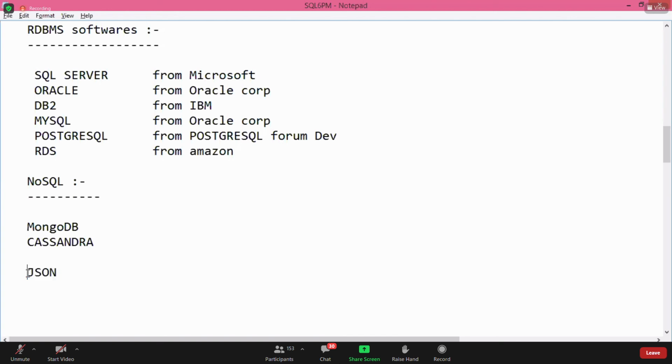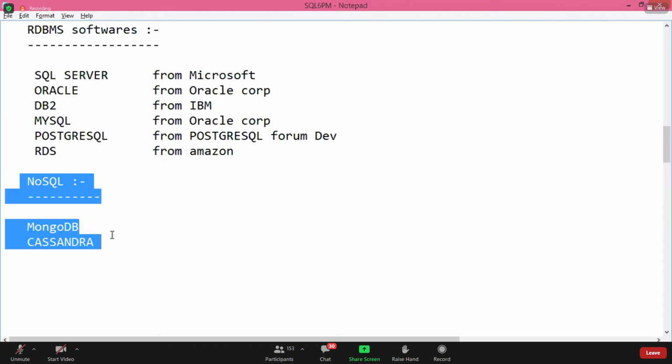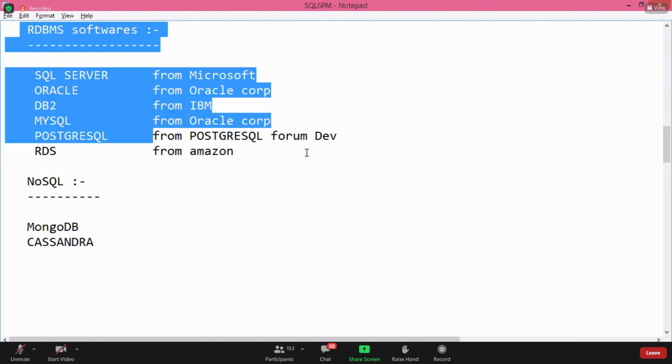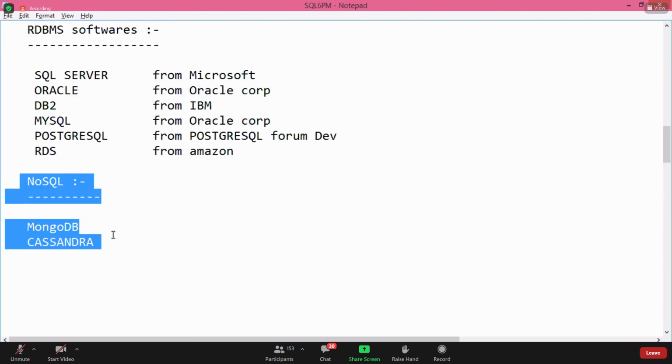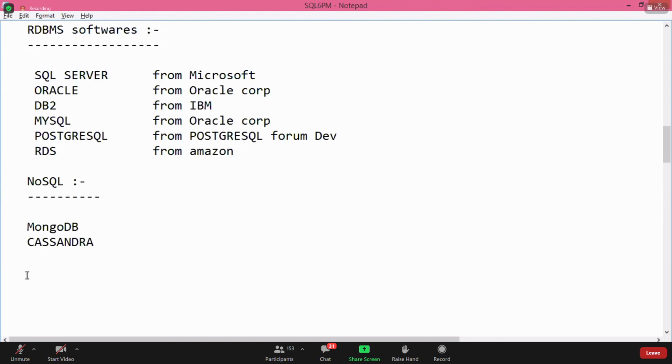JSON stands for JavaScript Object Notation. They don't store data in the form of tables, so they're not RDBMS. These databases are called NoSQL databases.